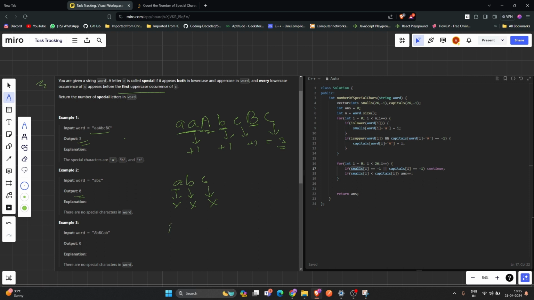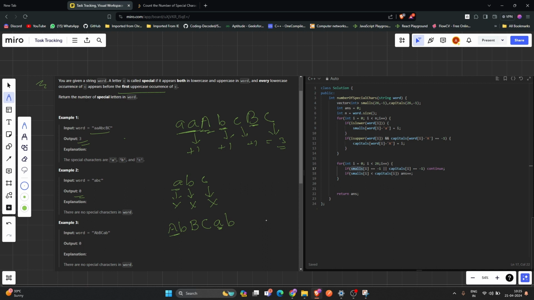Let's talk about this example. Here we have capital A and small a. The first condition is satisfied, that lowercase and uppercase characters must both be present. The second condition is that every lowercase a must be present before uppercase A. If that happens, then this a will be a special character.